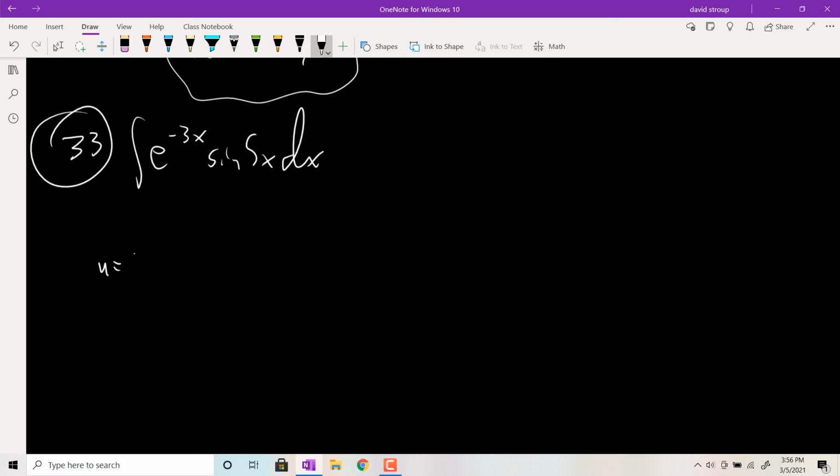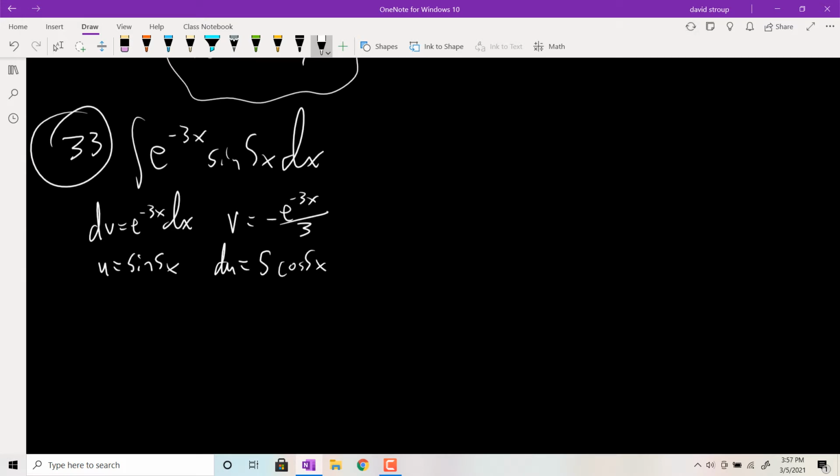LIATE says trig before exponential, so u is sine of 5x, and then we'll have our dv is e to the negative 3x dx. Okay. So v is negative e to the negative 3x, this time divided by 3. And then du, there's a chain rule involved, produces a 5, and then cosine of 5x. Okay.